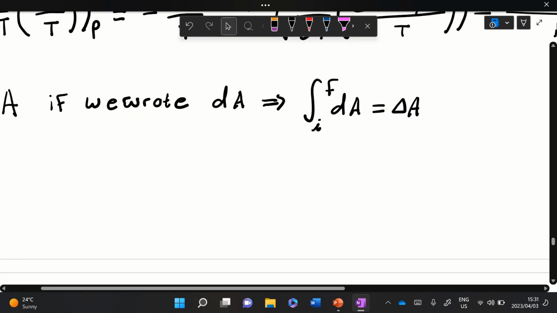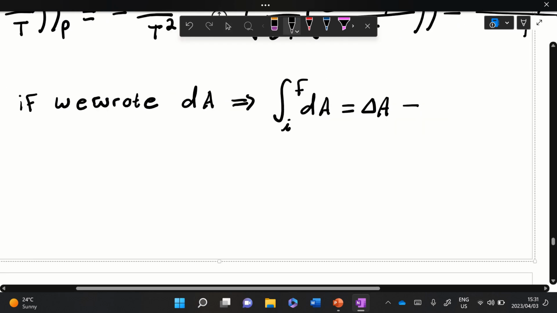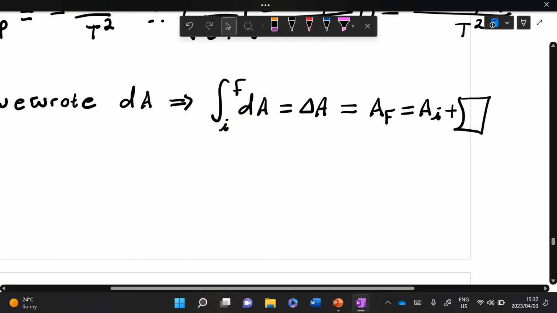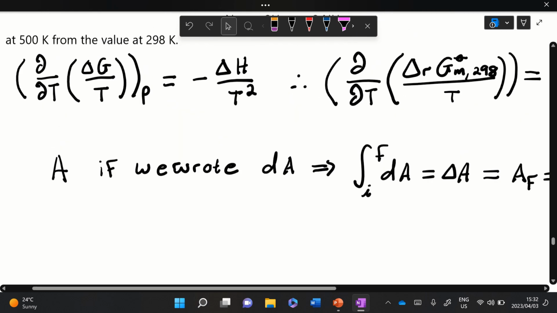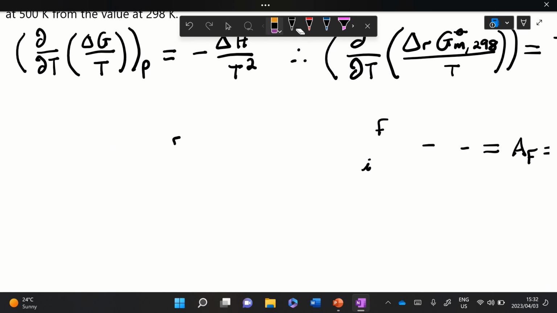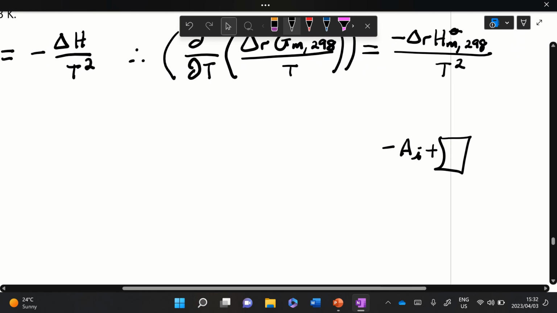So then we could calculate a delta A, which we could write as A at the final is equal to A at the initial plus whatever A normally is equal to. Okay, so that's actually what I want to get to. So I want to take the differential, so I'm just going to wipe out all of this. I want to take the differential of the Gibbs-Helmholtz equation.